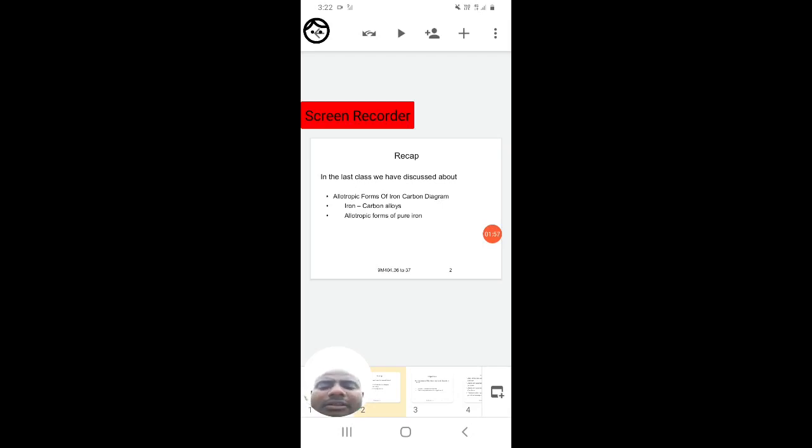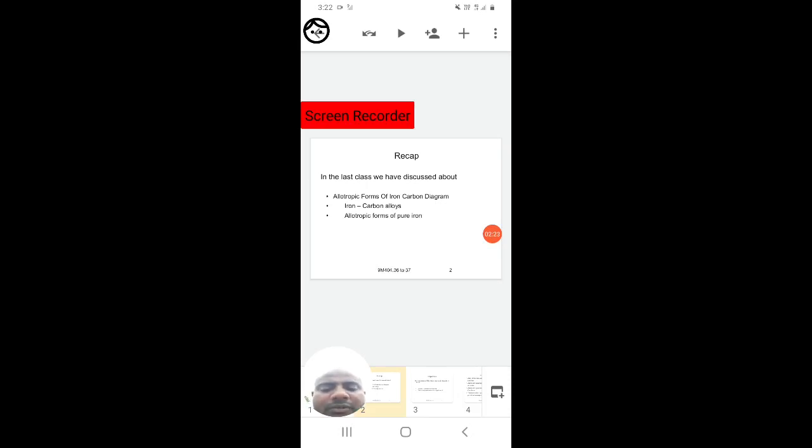In this alloying we will study the equilibrium. Equilibrium means how the phases of iron and carbon change, what phase changes occur, all of which are discussed in the iron carbon equilibrium diagram. So before that we will draw the iron carbon equilibrium diagram.